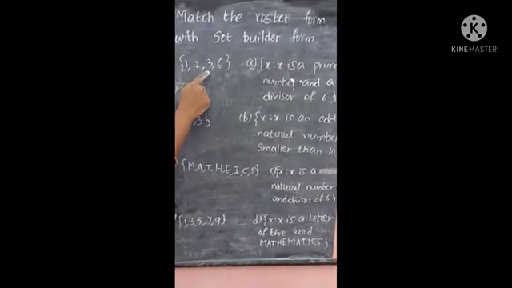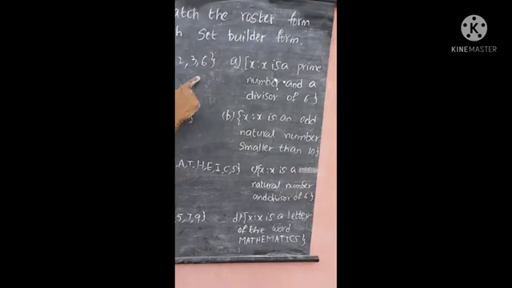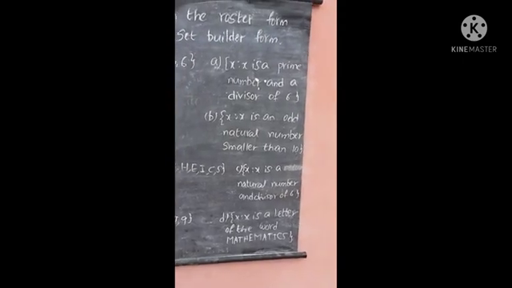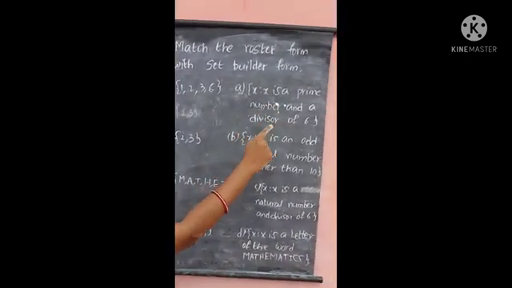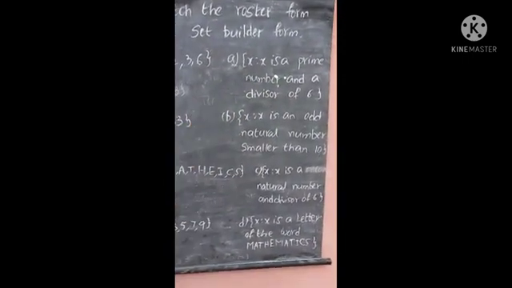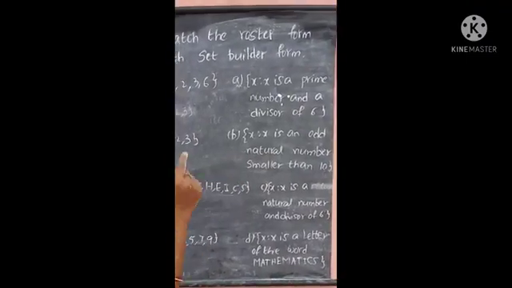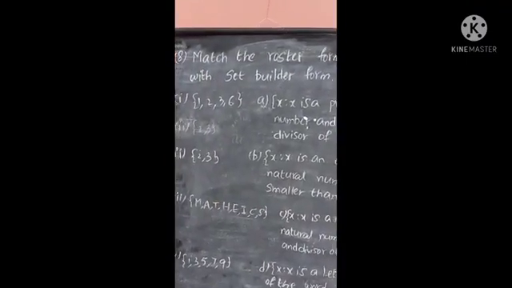See the first option A. This is a prime number, divisor of 6. Prime numbers and divisors of 6. What are the divisors of 6? 1, 2, 3, 6.